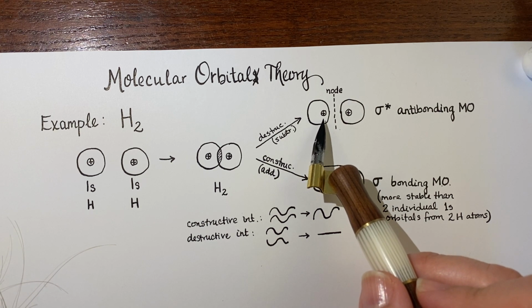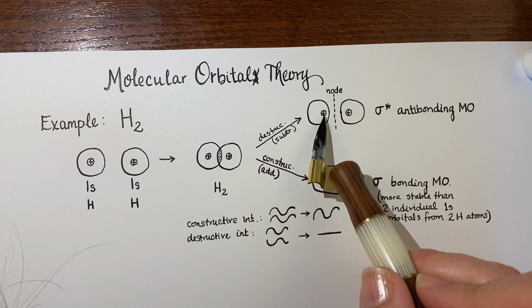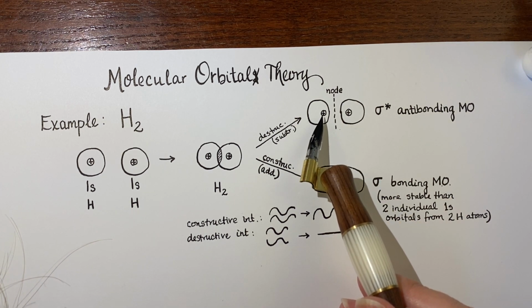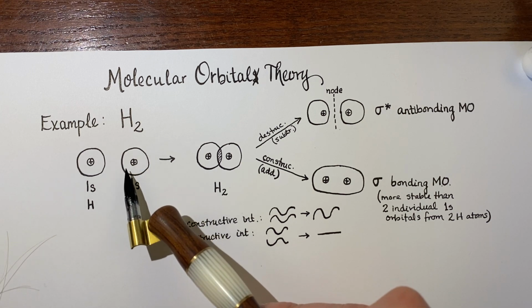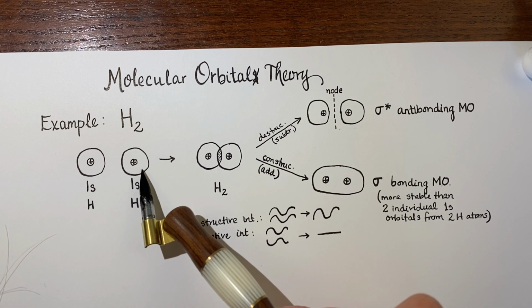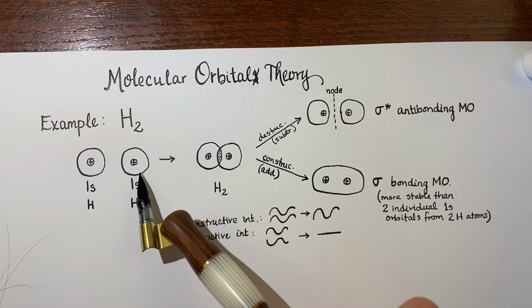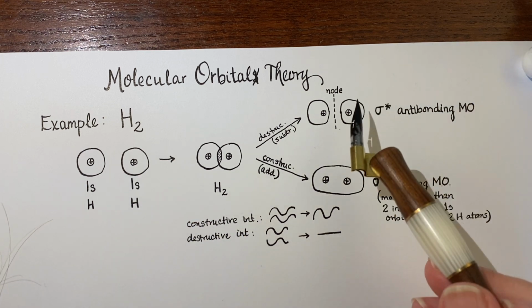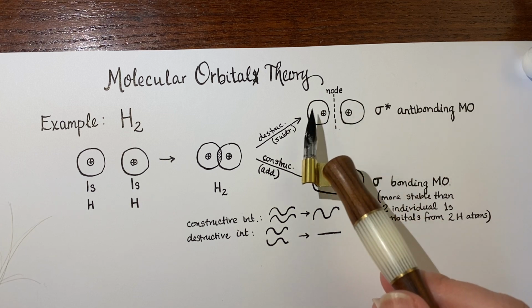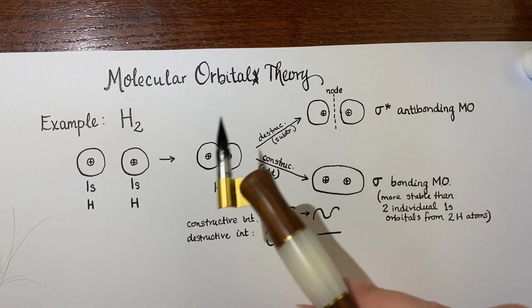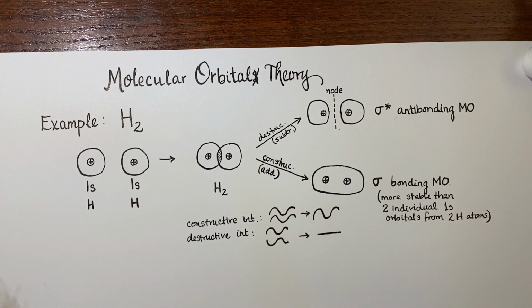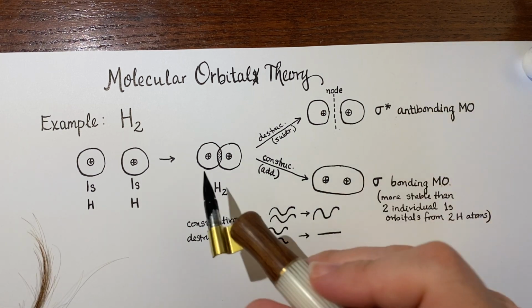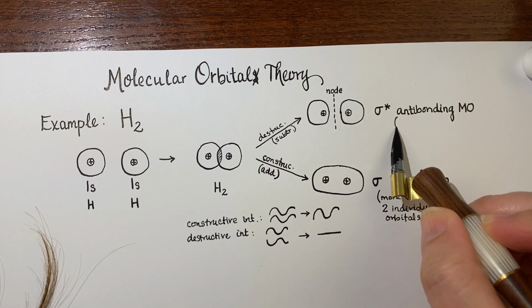They do not have an opportunity to maximize their association with this positive charge in terms of electrostatics, the negative electron and the positive nucleus. Over here, the electron has equal opportunity essentially all around the spherical region around the nucleus. But here we have this asymmetry, and this ends up being less stable than what it would have been. So antibonding orbitals, these are less stable than the two original atoms, and definitely much less stable than the bonding molecular orbital.